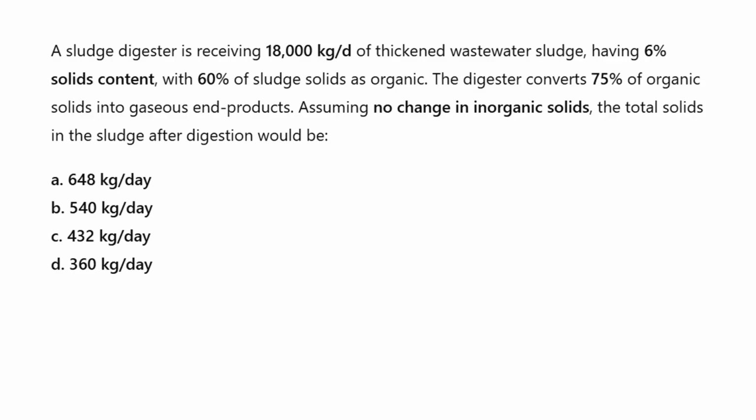a sludge digester is receiving Q equal to, mass of the sludge received is equal to given kg per day. Okay, but you have 6% solids content.